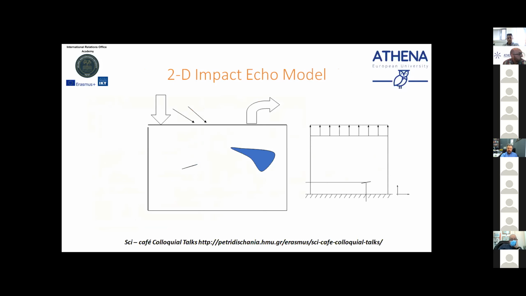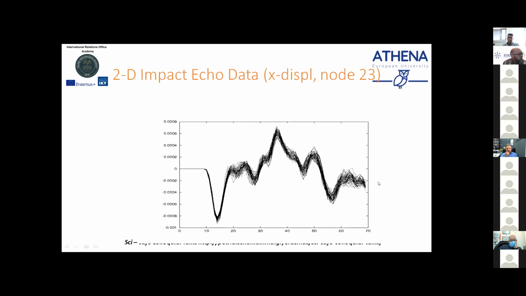In two dimensions, things become more complicated because, as we imagine, the wave propagates and is reflected by external boundaries, by possible defects or cracks, etc. At the end of the day, if we are looking at a simple point, we have signals like this. Quite complicated to make any comparison.